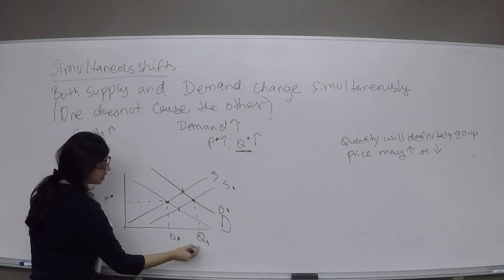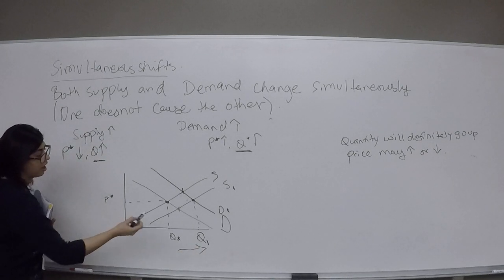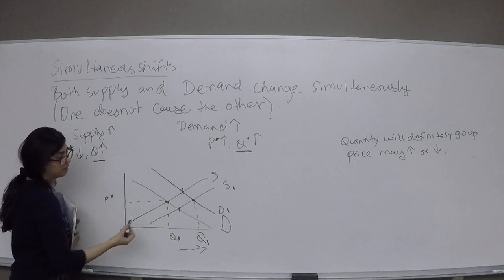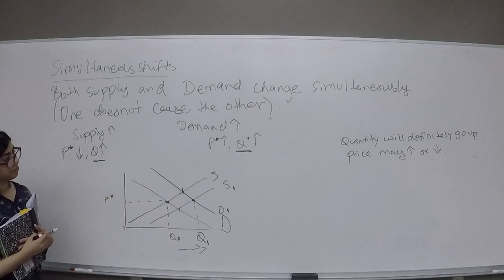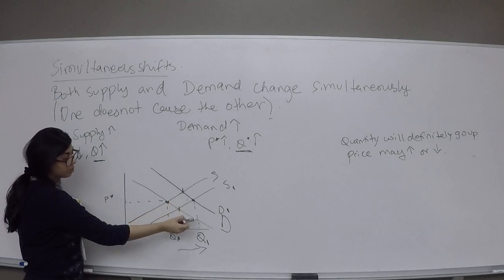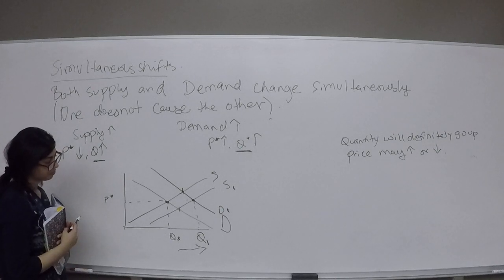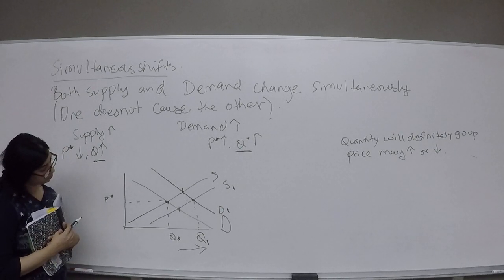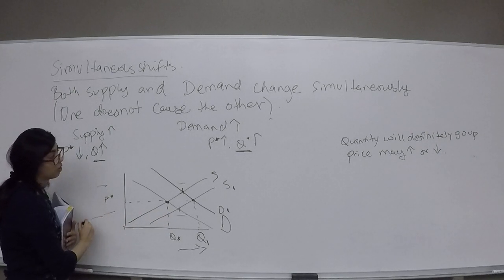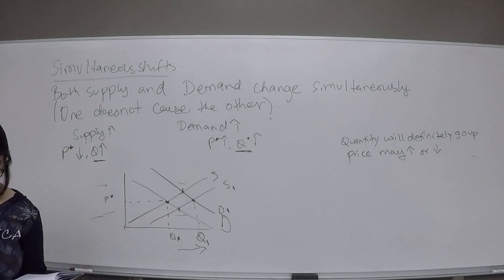If price is here, it's definitely increasing. If price is down here, it's definitely decreasing. But we don't know that for sure. Quantity, we're sure that it's increasing. Two options for price, okay? It could go up or it could go down.